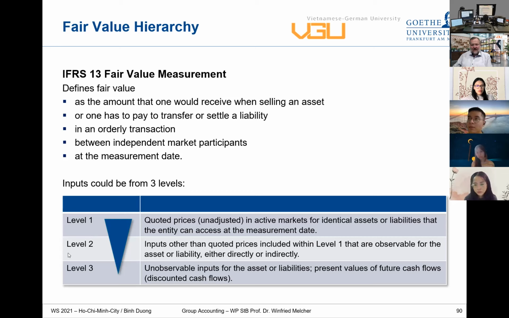The second one is inputs that are other than quoted prices included within level 1 that are observable for the asset or liability, either directly or indirectly. So I think my best example for that is when you have rare earth like bauxite. Have you heard the name bauxite before? So bauxite is earth.